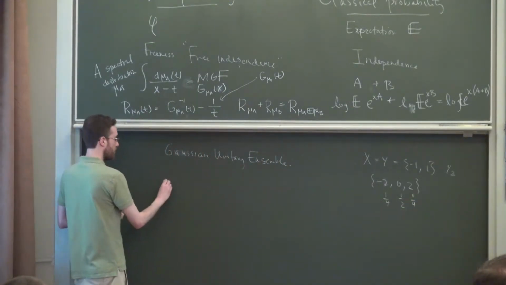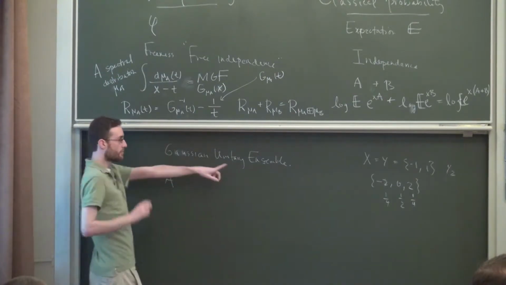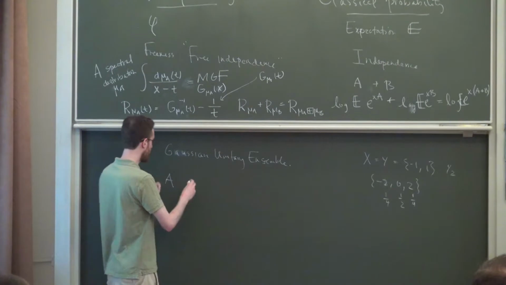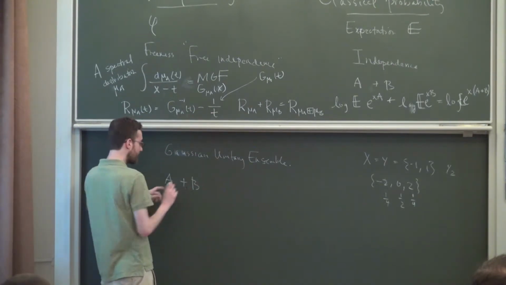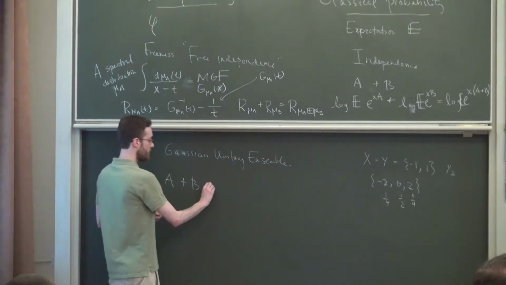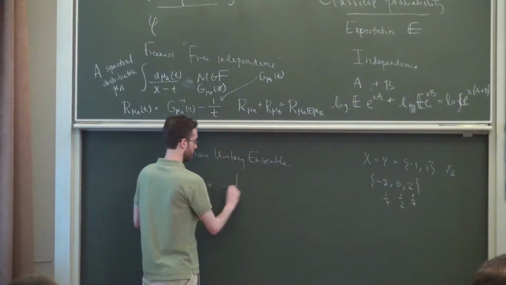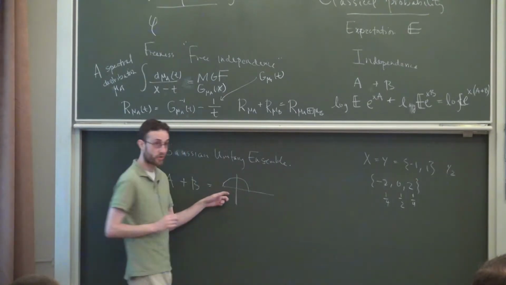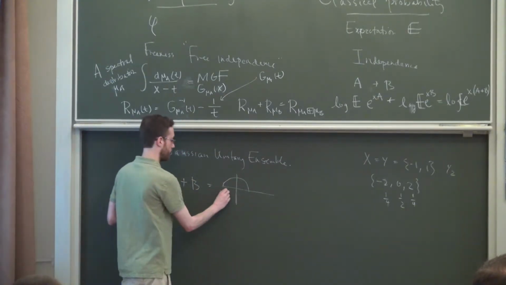If you take some operator A and put half of its eigenvalues to be minus 1, half of its eigenvalues to be 1, and then you freely add it to something else that looks the same, then what you get is a distribution that's first of all continuous and sort of looks like this between minus 2 and 2.